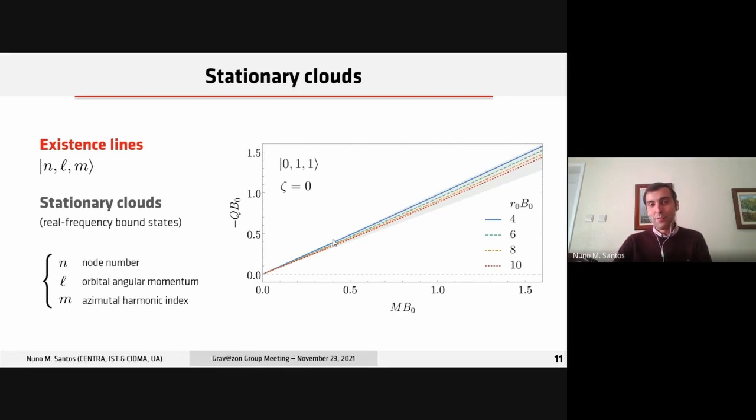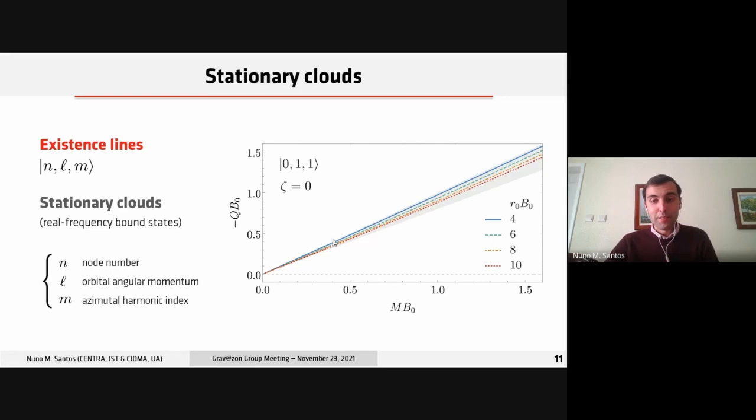So you can see that for a fixed mass, so if you draw a vertical line, the absolute value of the charge increases as the size of the system, R naught, decreases. And this is easy to understand. As R naught decreases, the scalar field gets closer to the horizon.